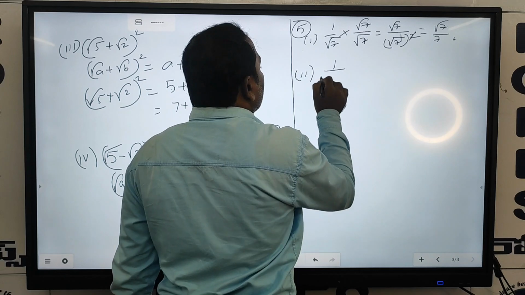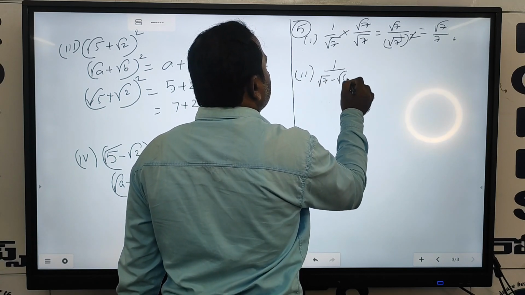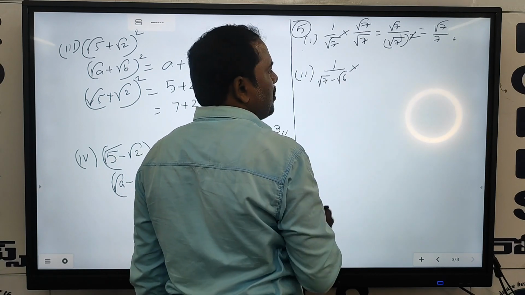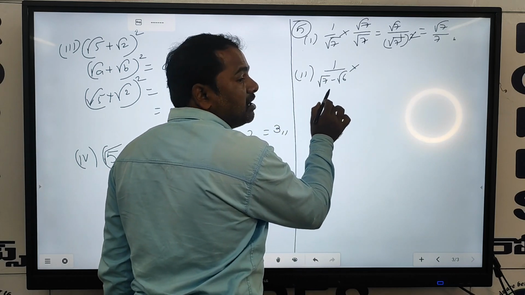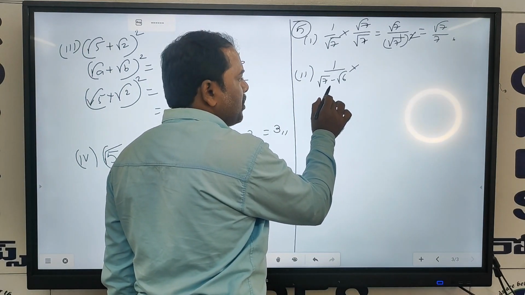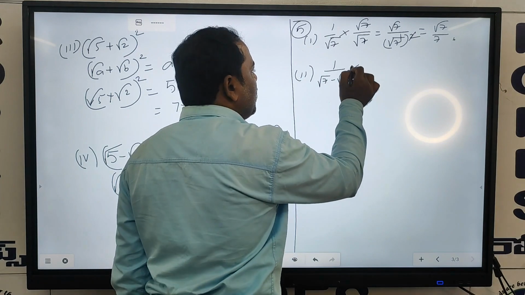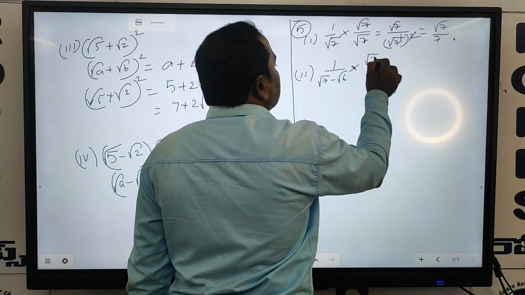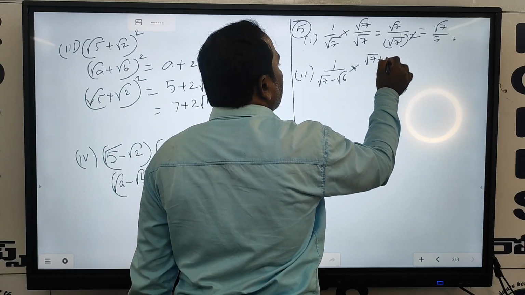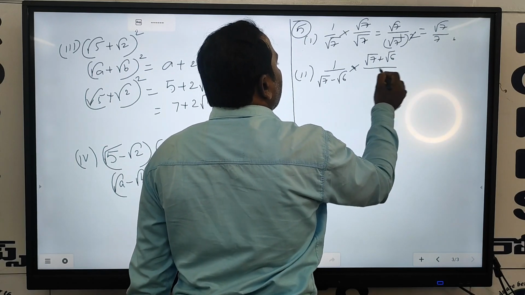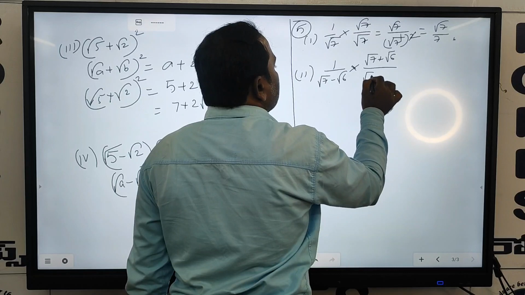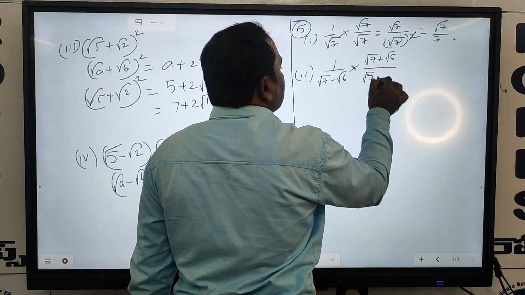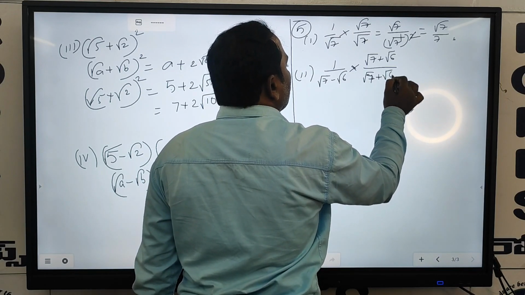Okay, next, the second one: 1 by (√7 - √6). Now, to rationalize the denominator, we have to change the symbol: plus will be changed into minus, minus will be changed into plus. Here minus is given, so we have to write plus. Now (√7 + √6) by (√7 + √6).